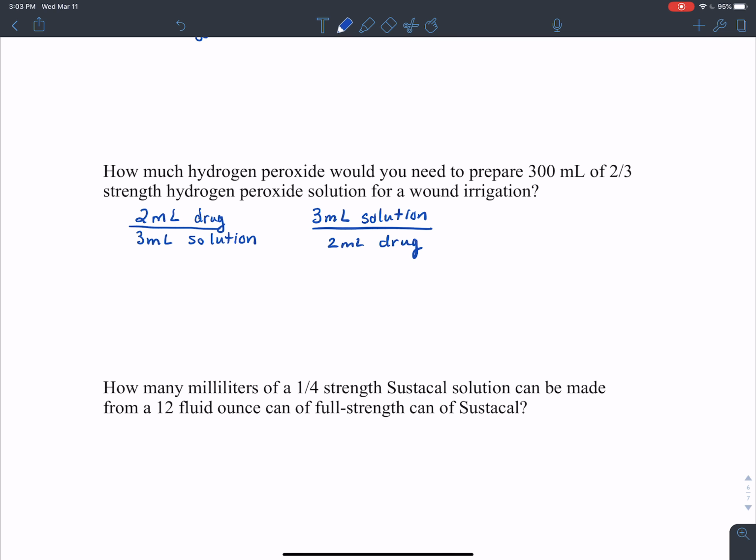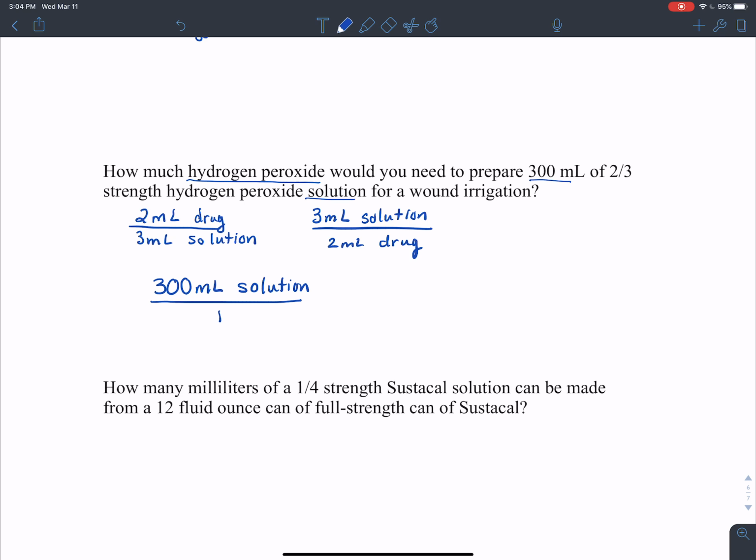If we look at this example, they're asking us how much hydrogen peroxide. So we're looking for how much drug. We would need to prepare 300 milliliters of this solution. So we're given 300 milliliters solution.